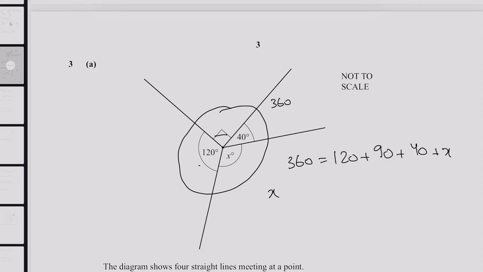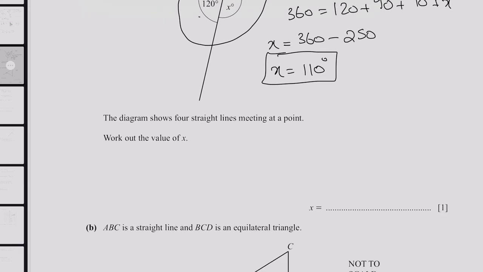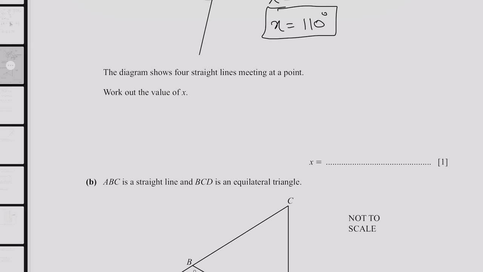So x equals 360 minus, 120 plus 90 is 210, 210 plus 40 is 250. So x equals 110 degrees.